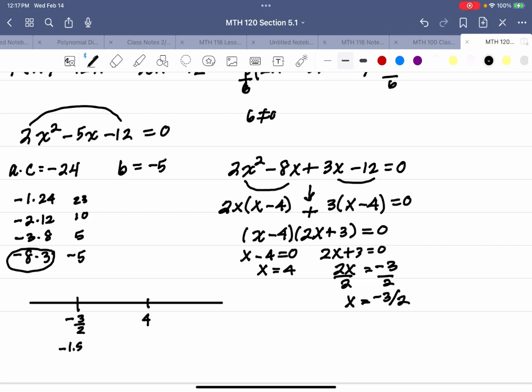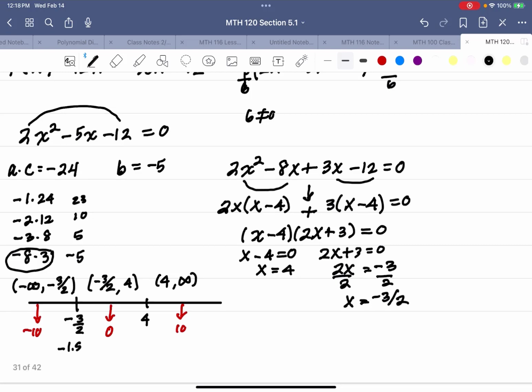So my three intervals that I have to test are negative infinity to negative 3/2, negative 3/2 to 4, and 4 to infinity. And I'll pick negative 10, 0, and 10 to be my test points. Again, I just pick numbers that are really easy to do arithmetic with.